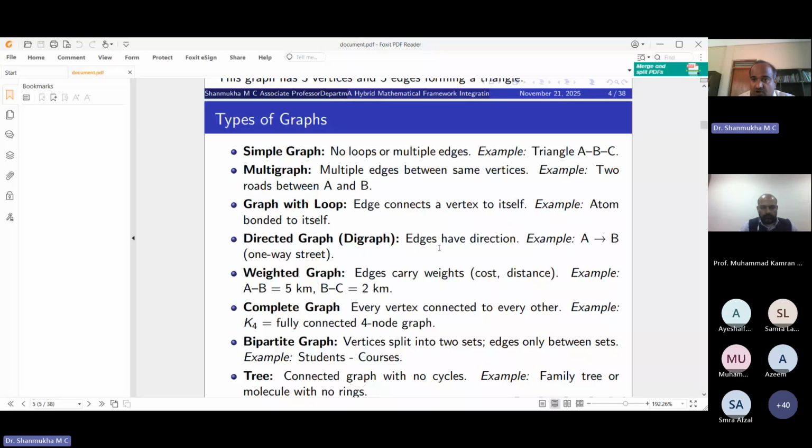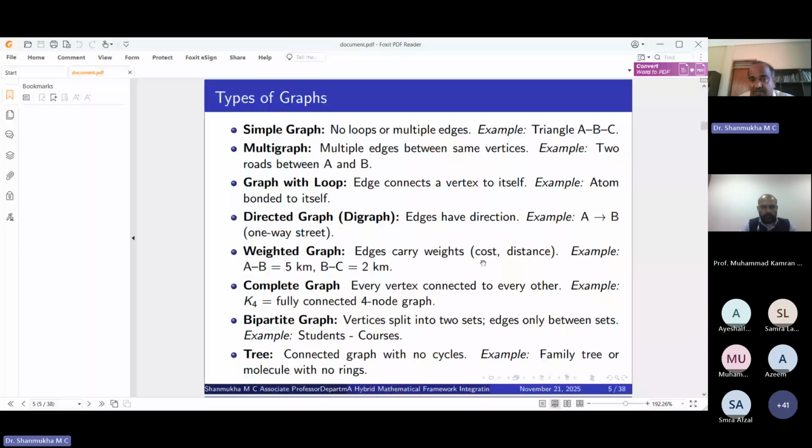Example, roads between A and B. Then graph with loop, where an edge connects a vertex to itself. Example, atom bonded to itself. Then directed graph, where edges have direction. Example, one-way street.